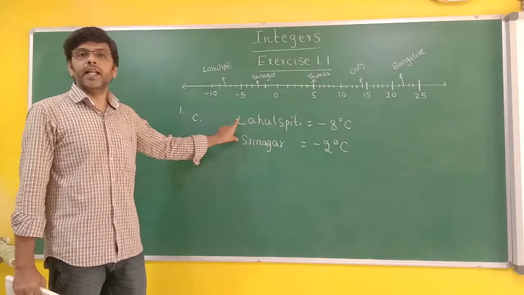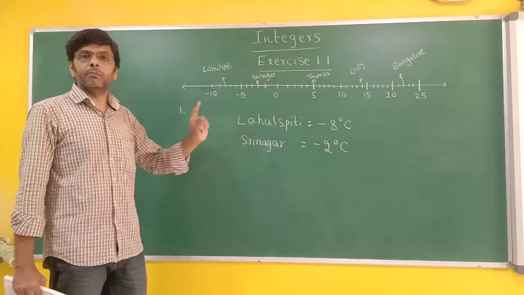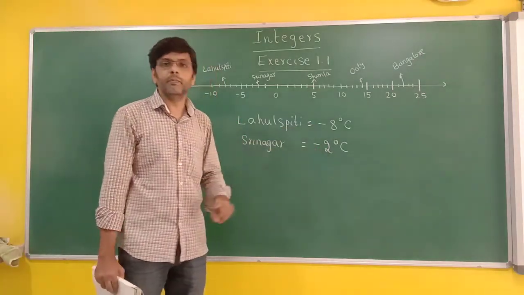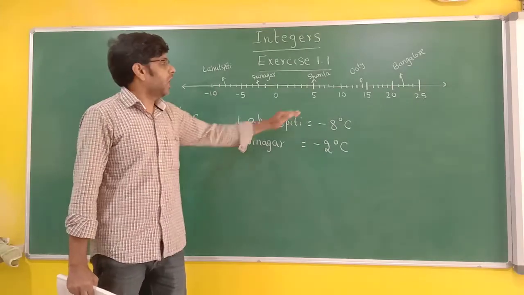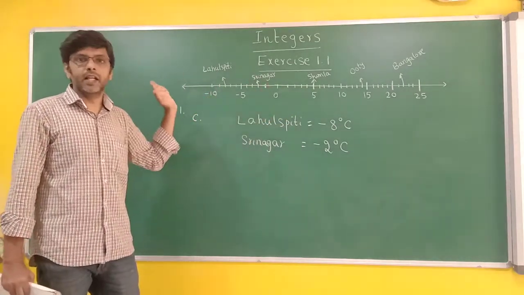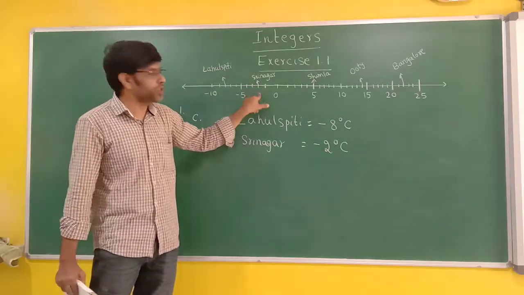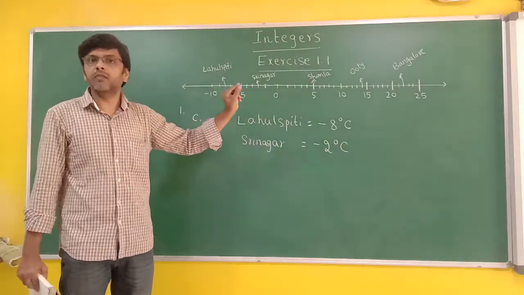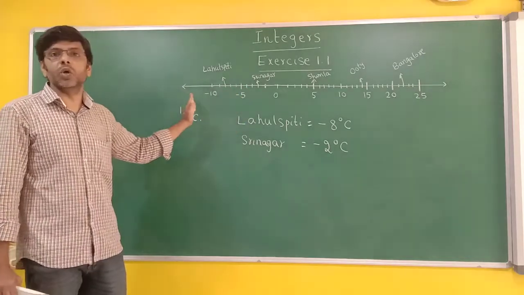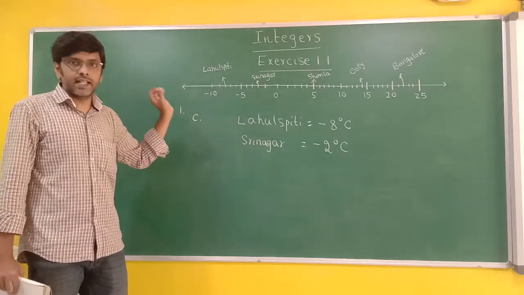When we are finding the difference, the bigger number should be written first. Now, out of these two numbers, which is the bigger number? On the number line, on the negative side, a number which is near to 0 has more value. It is the bigger number. A number which is far from 0 has lesser value.